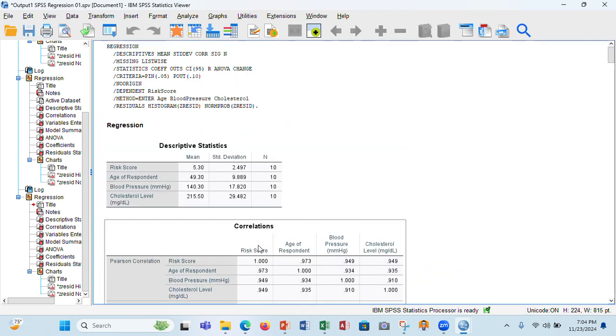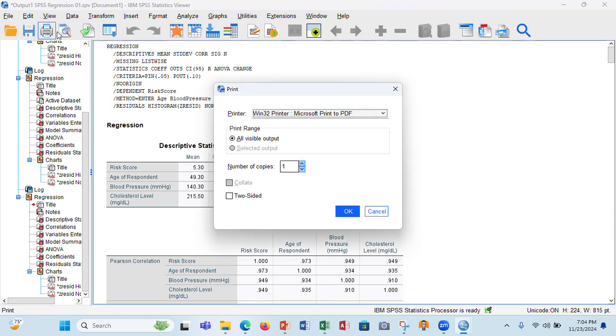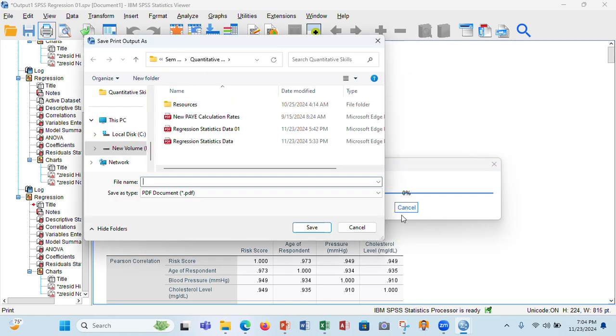Now we can save our tables. To save this, you can say print. You can print it as a PDF. My printer here is PDF, so I can print a PDF and call this tutorial 31.